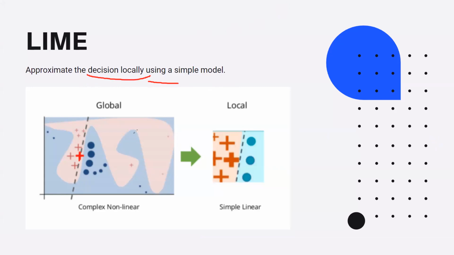You see the original model is pretty complex, hard to interpret. What we do is approximate this model very locally, only around this point, using a very simple model such as a linear regression. The idea is to train a new small logistic regression only on this part of the data, which is close here.